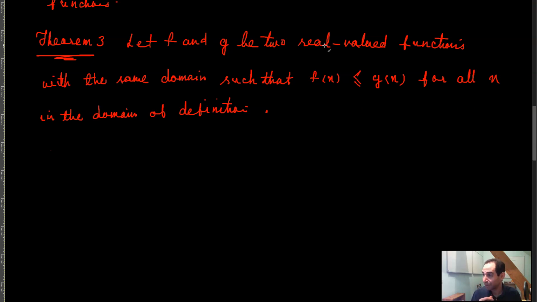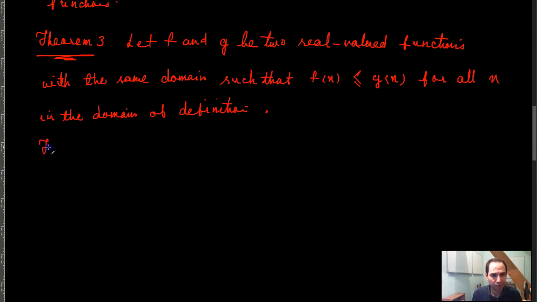Meaning the value of f of x at all points across the domain cannot exceed the values of g of x. F of x is always below g of x, or at most equal to g of x, for all x in the domain of definition.